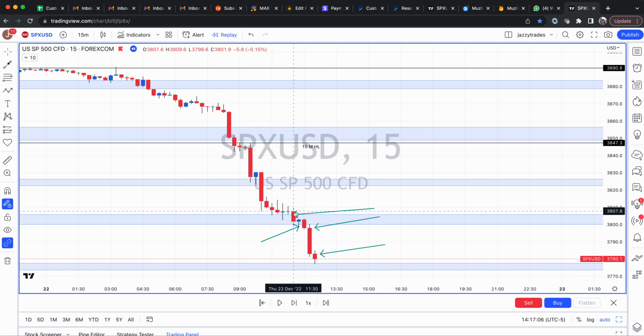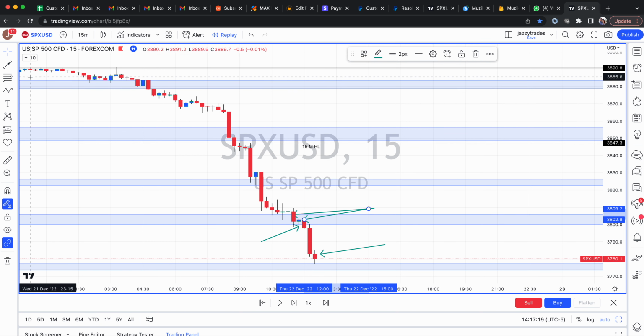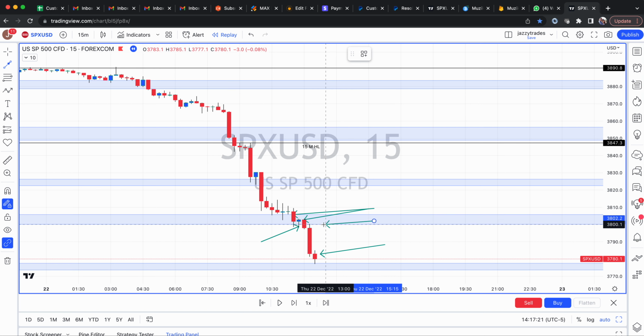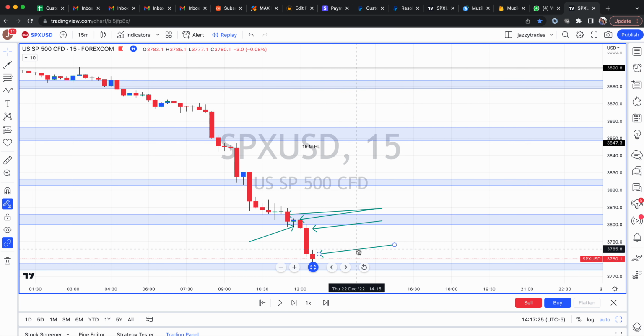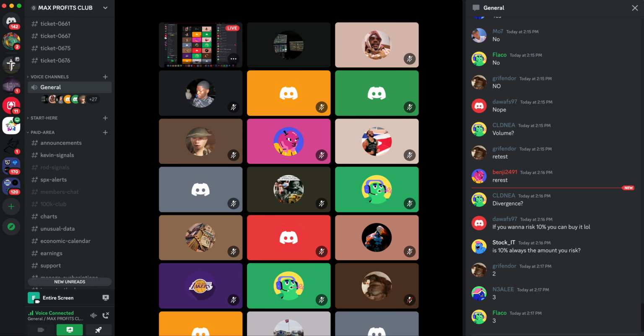So candle number 1, 2, 3, 4. 1, 2, 3, 4, 5. But why do I only have 4 arrows then? 1, 2, 3. Oh, there's this one too. And there's this one here. Okay. Which candle do we buy puts on?